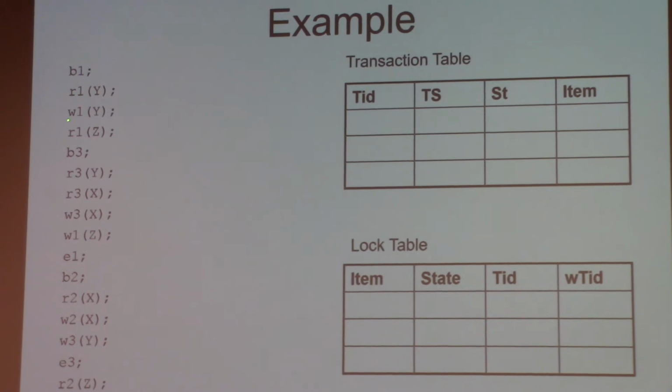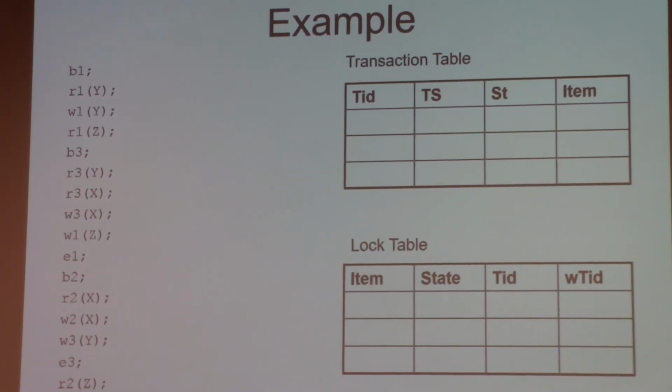From read lock to write lock is an upgrade. And this one reads data item Z. B3 means a new transaction starts. E1 means the end of the first transaction. And then B2 starts, and so on. So now we can understand this.